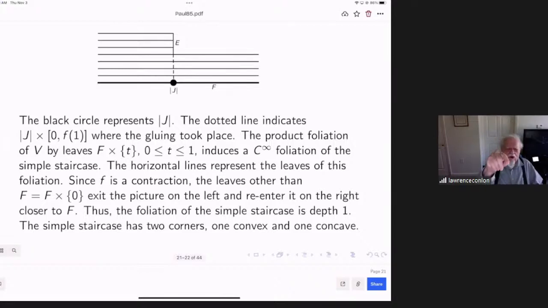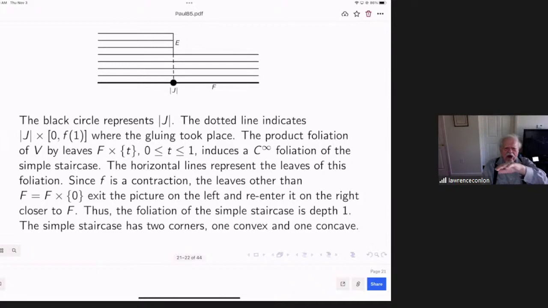The black circle represents the support of J that we have cut apart along and then reglued. The dotted line indicates where the gluing takes place. And the product foliation induces a C infinity foliation of the simple staircase.